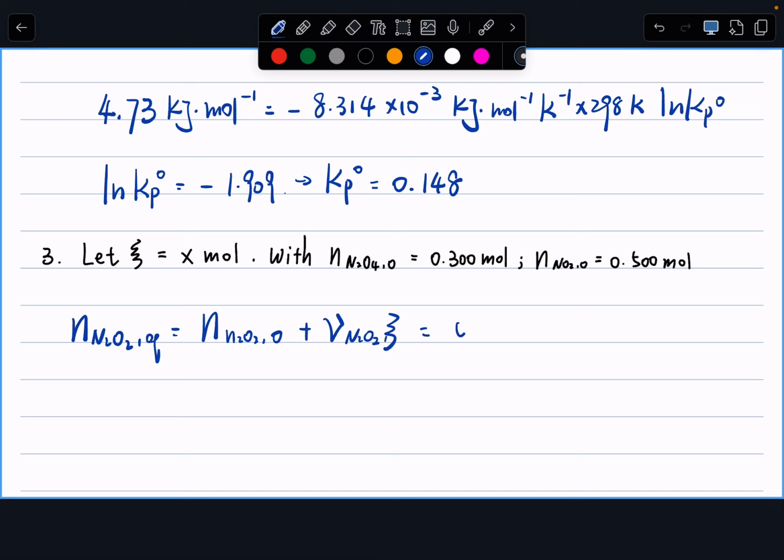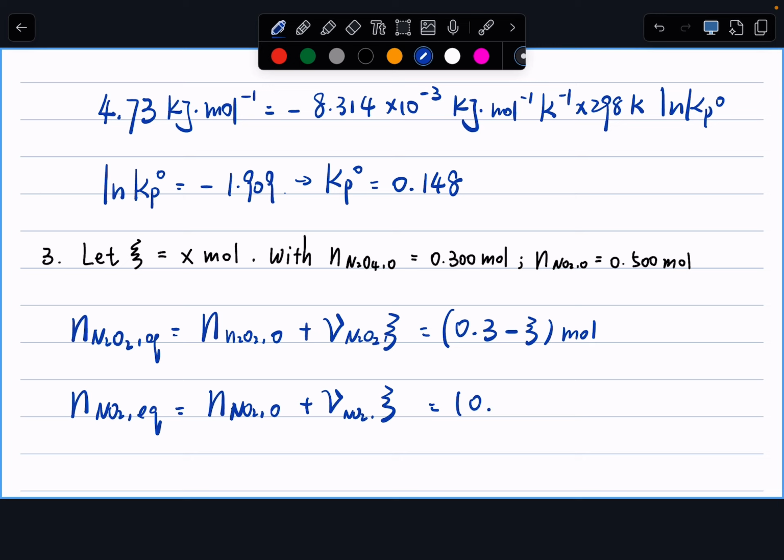Plugging in the numbers, that equals 0.3 minus the extent of reaction. The same applies to the product, NO2. The number of moles of NO2 at equilibrium equals the initial number of moles of NO2 plus the stoichiometric coefficient of NO2 times the extent of reaction. So that's 0.5 plus 2ξ. So that's 0.3 minus ξ, and 0.5 plus 2ξ, sorry.